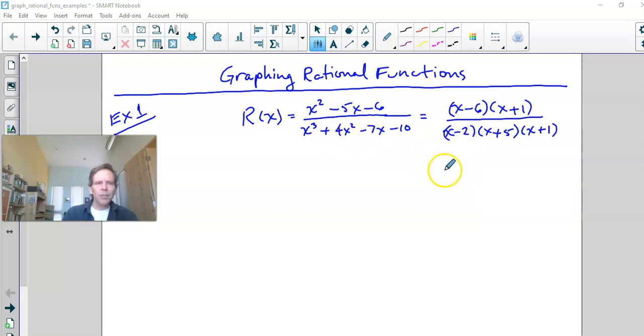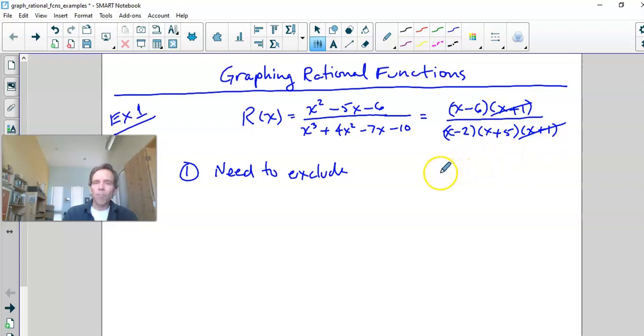And step one is to see if there's any common factor between the numerator and denominator. And we see that there's an x plus 1. So those would cancel, and we would just analyze what's left. And the other thing is, so I'll put a little step one here. We need to exclude the 0 that's associated with this factor.